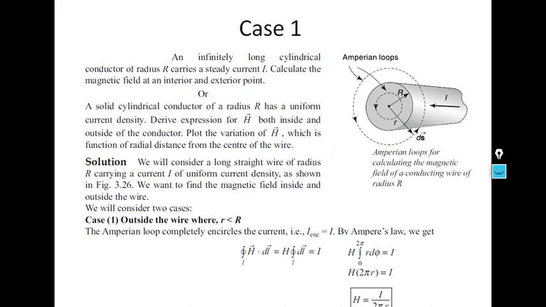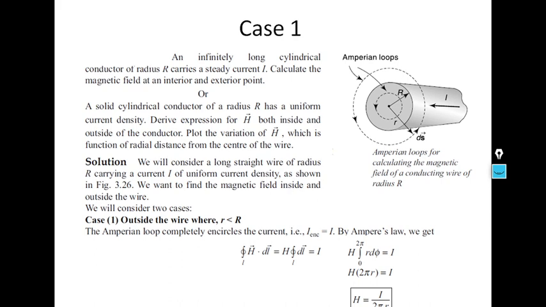Now find out the magnetic field strength. Suppose I want to find out, due to the current flowing through this conductor, what is the field around this conductor.